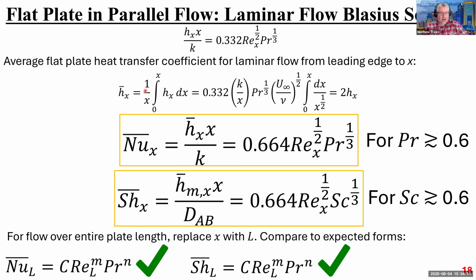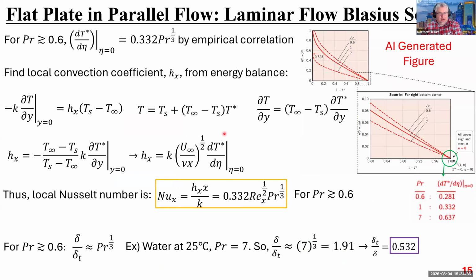So what ends up coming out of this is that the average heat transfer coefficient for a distance on the plate, some length X, is just equal to 2 times the local heat transfer coefficient at that spot, right? And so knowing that, we can just take our original Nusselt number correlation and multiply by 2.